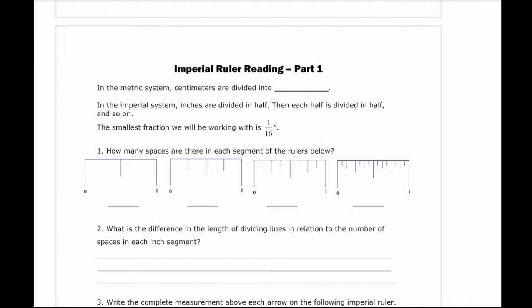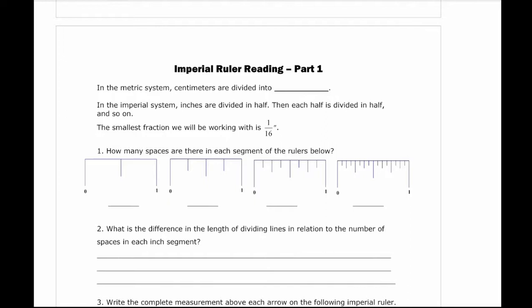A lot of construction, building things or putting things together tends to be in metric as well as the imperial system. And you sometimes see the imperial system first and then the metric system.